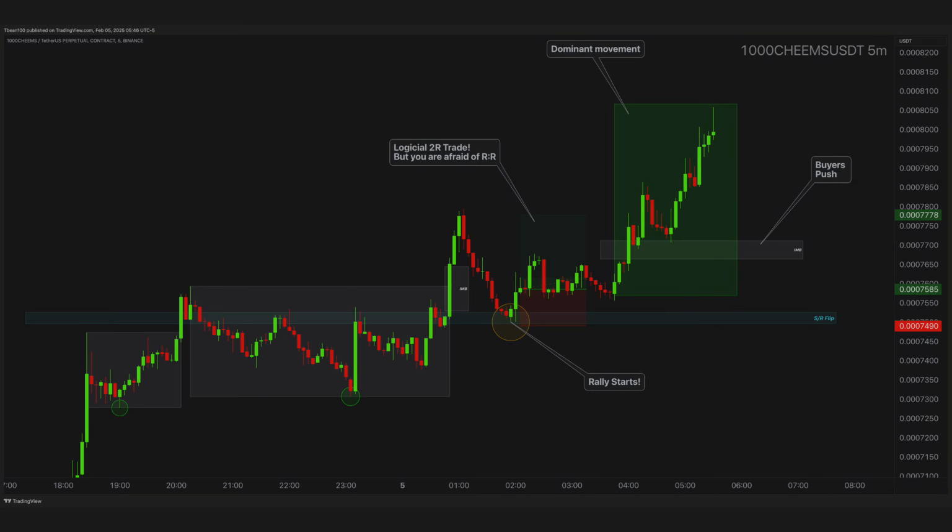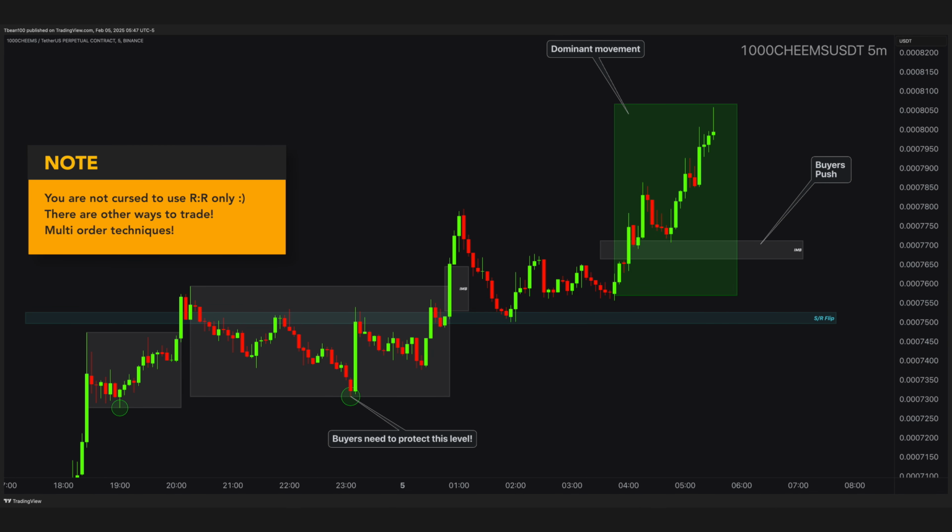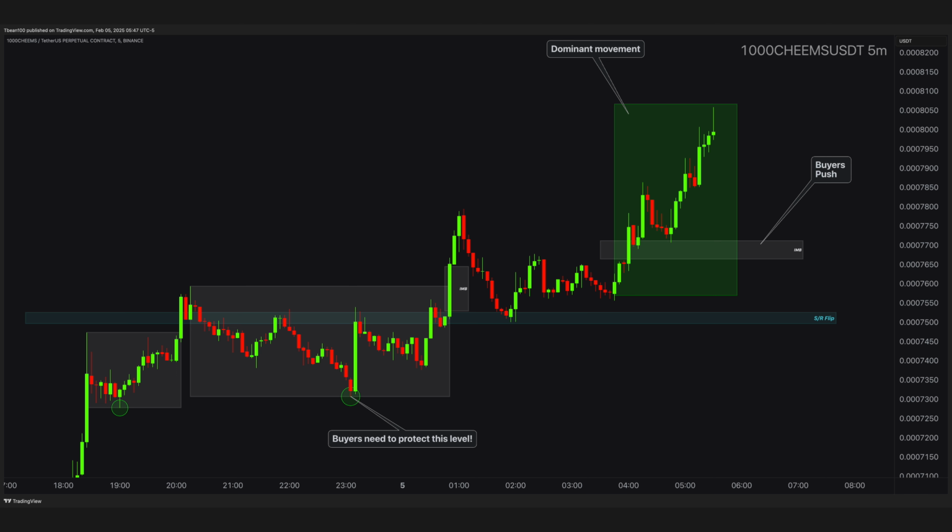Let's discuss it. I know that many of you are very tired of stop losses with classic risk-reward setups. Then your only option left is using multiple orders and creating price averages. Or if your broker allows, create multiple orders with dynamic stop loss management.